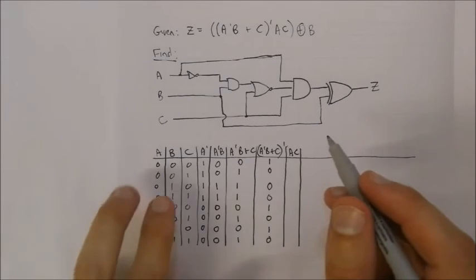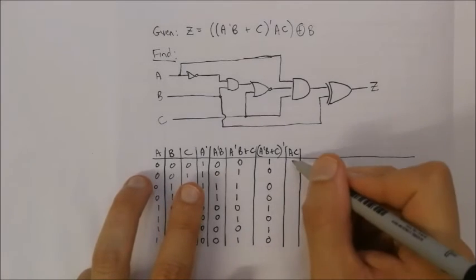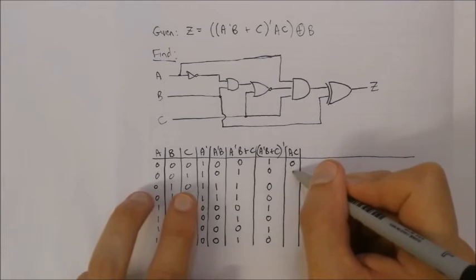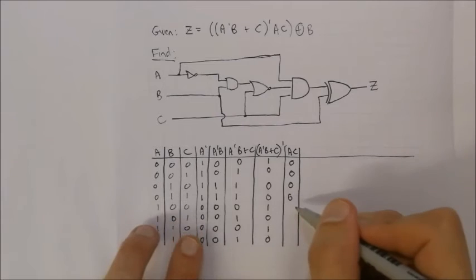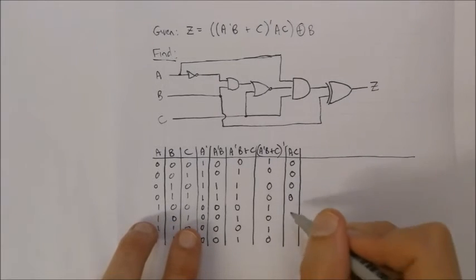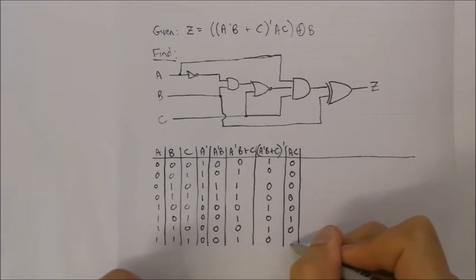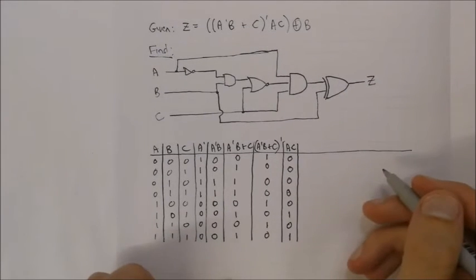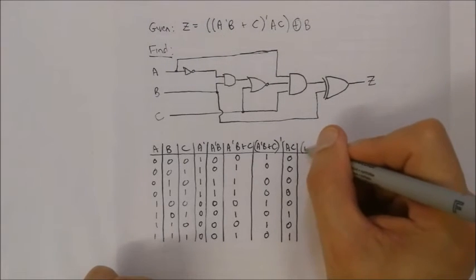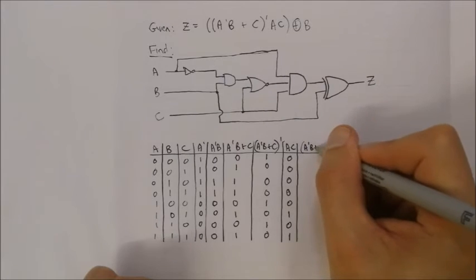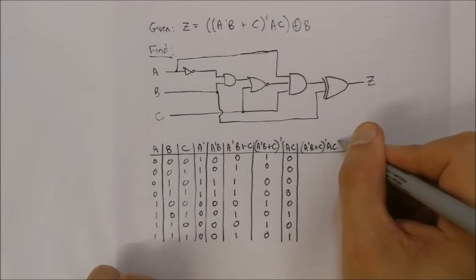So A and C: both inputs need to be 1 for the output to be 1. So we've got 0, 0, 0, 0, 0, 1, 0, 1. Now we can say, what is A naught B plus C knotted, ANDed with AC?